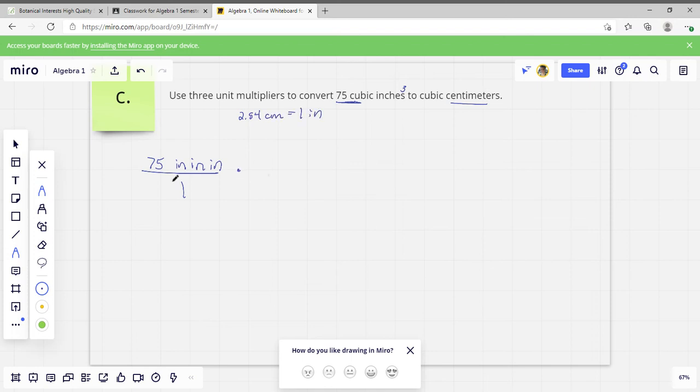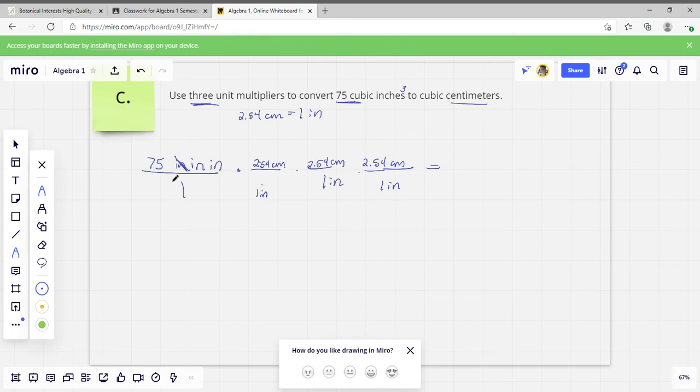All right, so we're going to have to put our inches on the bottom, so 1 inch over 2.54 centimeters, and we're going to do that 3 times. And again, 2.54 centimeters over 1 inch. All right, and that gives us our 3-unit multipliers.